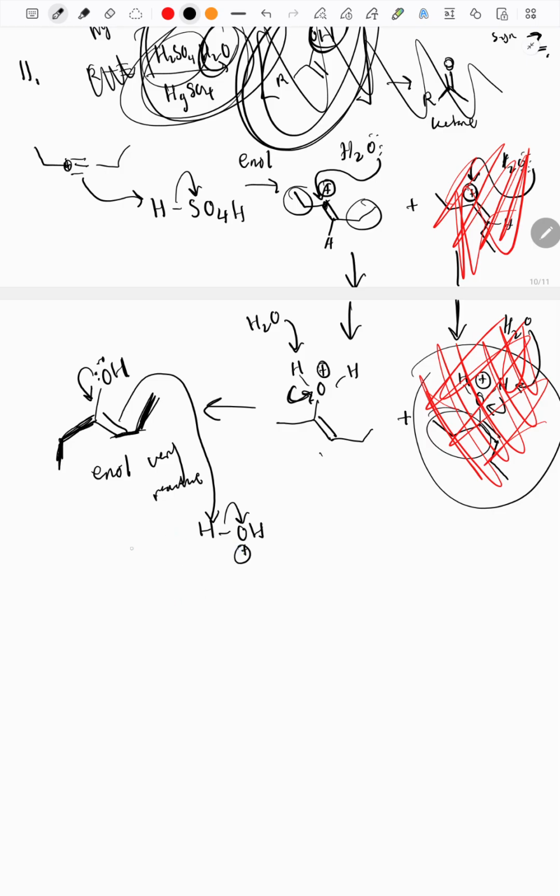And basically this mechanism will make it look like this. We will still have the plus, we will form that plus charge basically, and we should get something that looks like this.